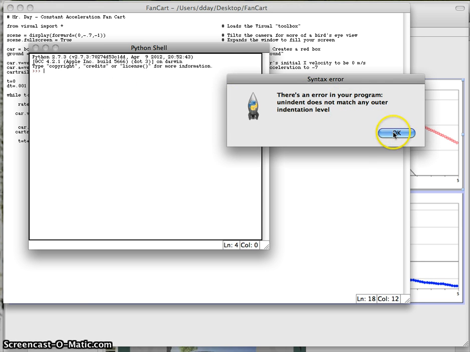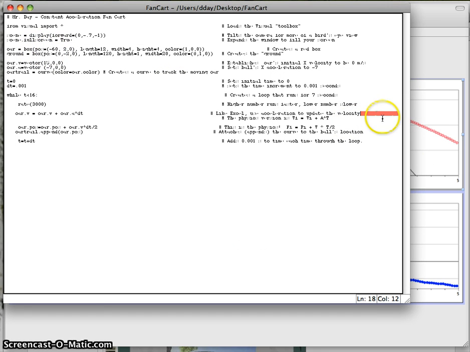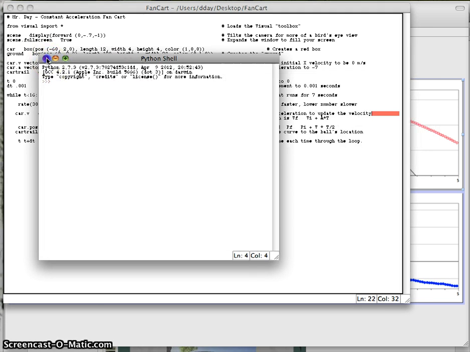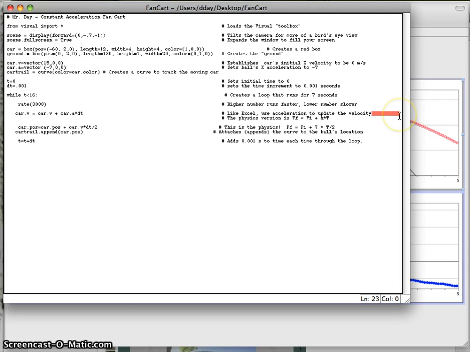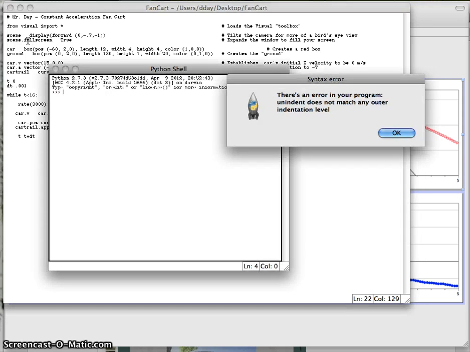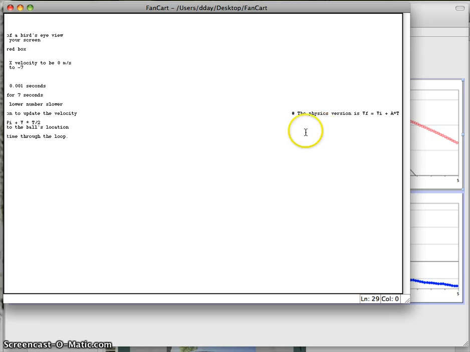Oh, there's an error. Okay. Let's see where the error is. Not sure what happened there, but hopefully that fixes it. Okay, no, it doesn't. Let me try that again. Save my work. Okay. So I'm not sure what's wrong. Oh, there it is. There's my issue. Alright.